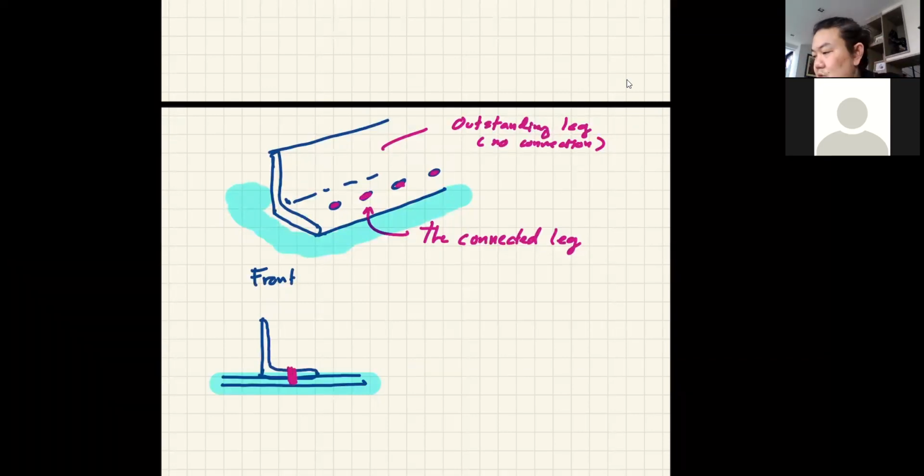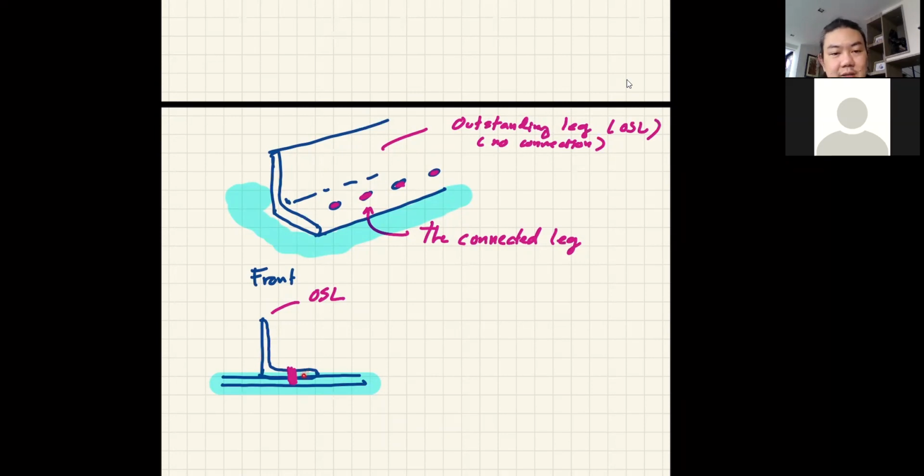We are not going to make the effort to connect this outstanding leg because it's a waste of money and it's a difficulty in construction work as well. So we don't do that. So this is your outstanding leg, OSL. Because of this condition, we have the outstanding leg that we cannot connect and don't wish to connect, and we have another leg that is connected here.